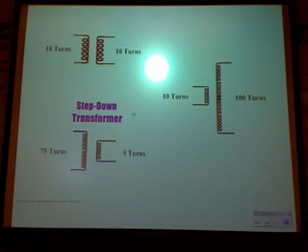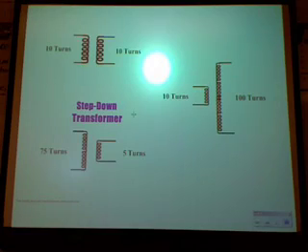A step-down transformer will decrease the amount of voltage. It will decrease or reduce the amount of voltage. I would add to that definition, it always has fewer turns in which coil? Secondary. In the secondary. Always has fewer turns in the secondary coil.